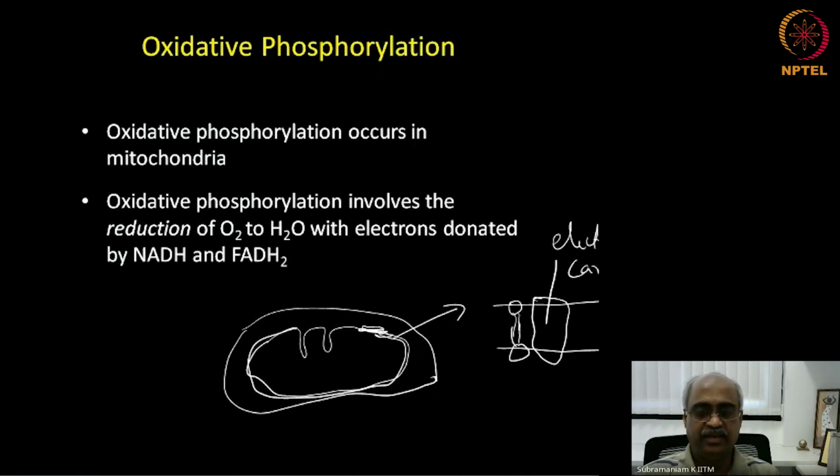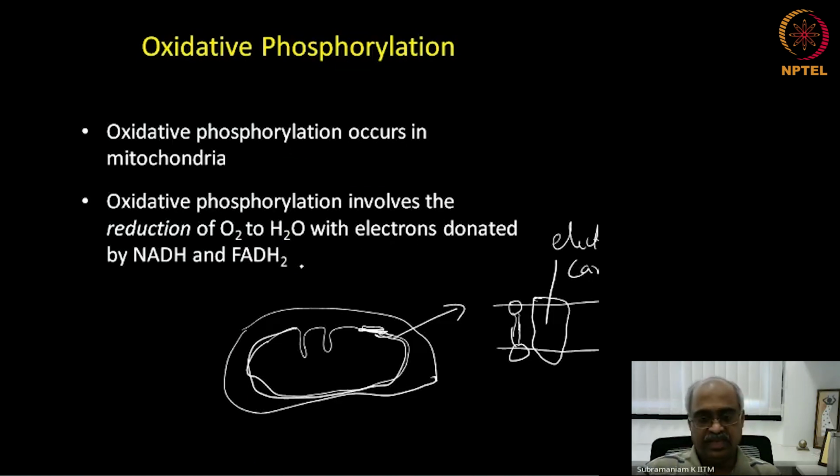Their reduction potential is such that the electrons move from electron carriers of lower reduction potential to higher reduction potential. That will be the downhill flow of electrons. And these carriers are located on this inner membrane.